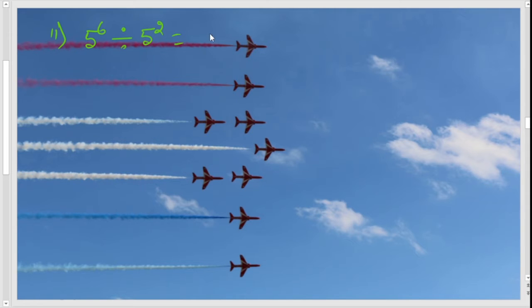Here we can write it like 5 multiplied 6 times divided by 5 into 5, 5 multiplied 2 times. Now 5 cancels with 5, 5 cancels with 5. What remains is 1, 2, 3, 4, here 5 to the power 4.